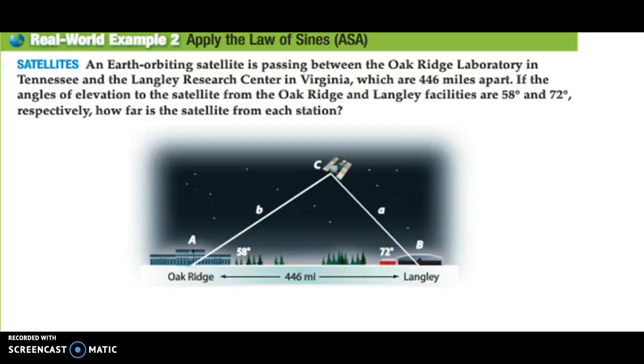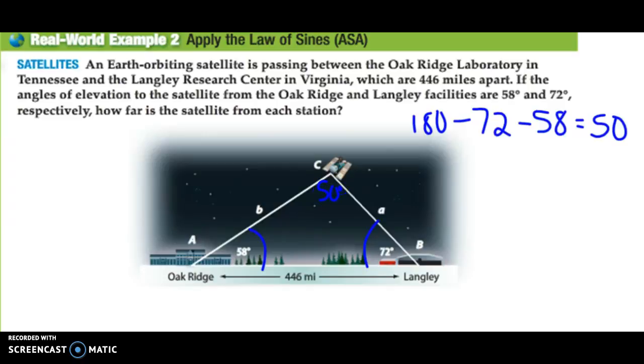Okay, so essentially we have 58 degrees, 72 degrees, and we can find what that last angle is right there, angle C, by taking 180 minus 72 minus 58, which is 50 degrees. So angle C right here is 50 degrees.